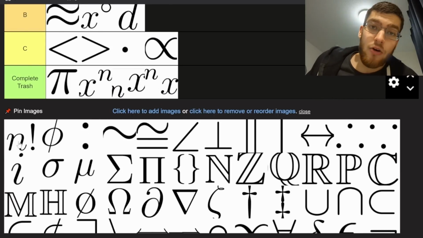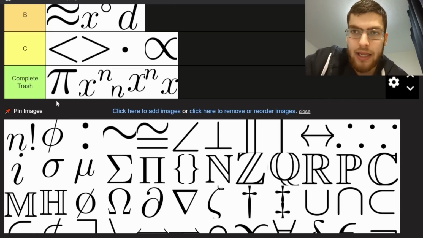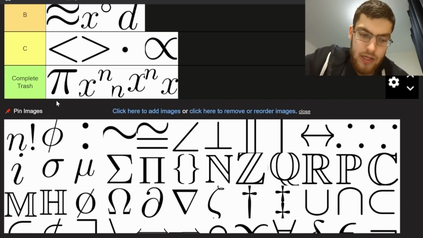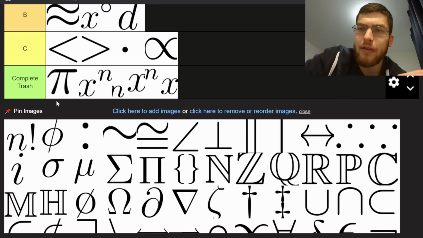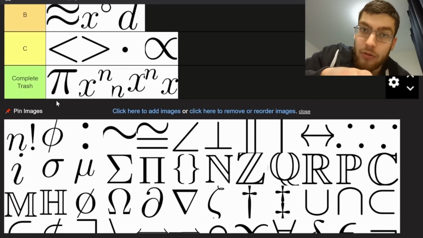Now, we've got n factorial, which is n exclamation mark. I kind of like it, and the reason I kind of like it is because if you're talking big O notation, right? If you've ever done big O notation, you'll learn with limits, right? You'll learn that like factorial is the most powerful, right? It's biggest.